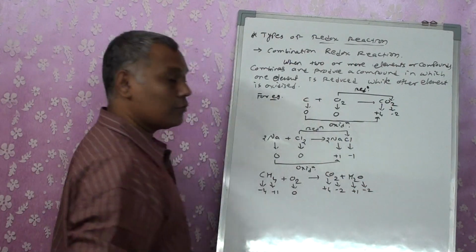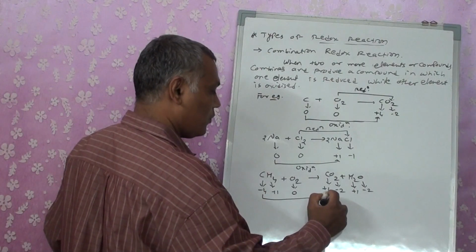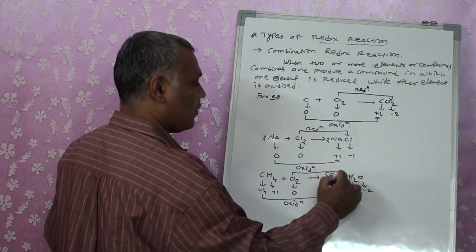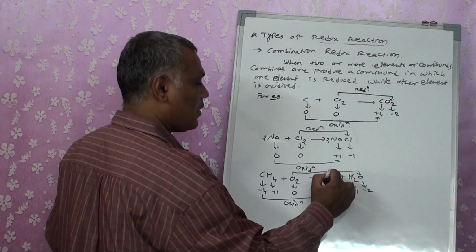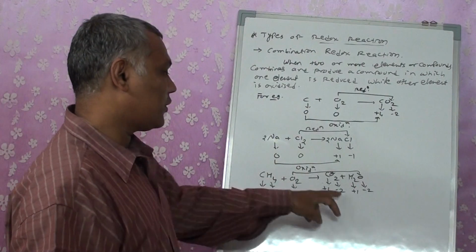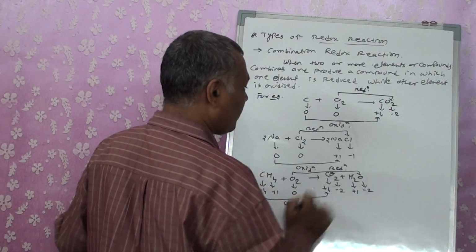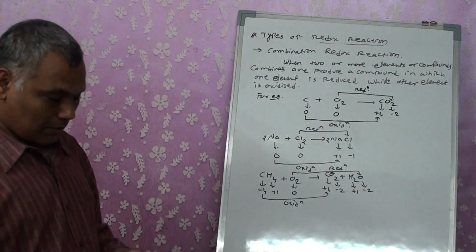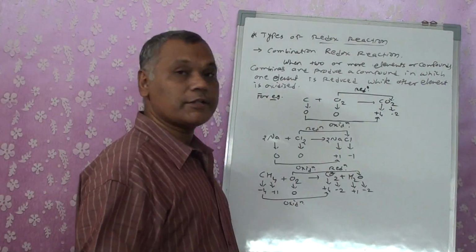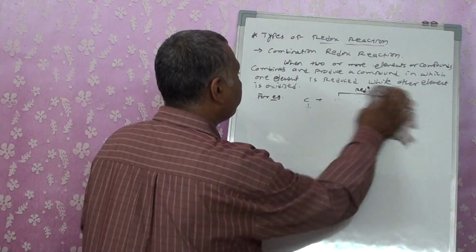Carbon from minus 4 to plus 4 is oxidation, while oxygen, whether in CO2 or H2O, goes from 0 to minus 2, so in both cases it's a reduction. So the compounds are combined together, and these reactions are known as combination reactions. That is your first type. We will have the next.